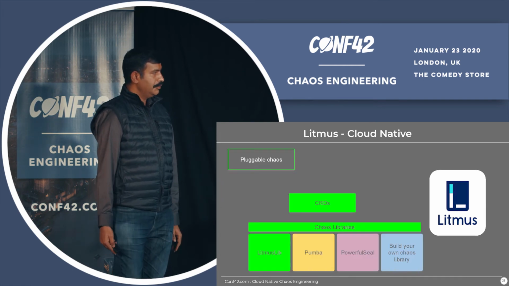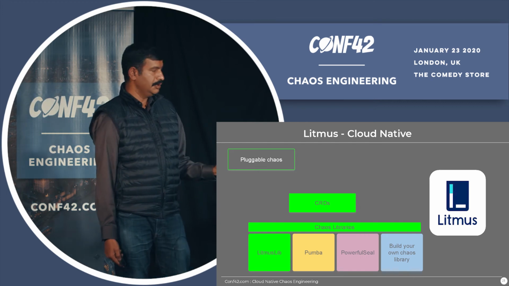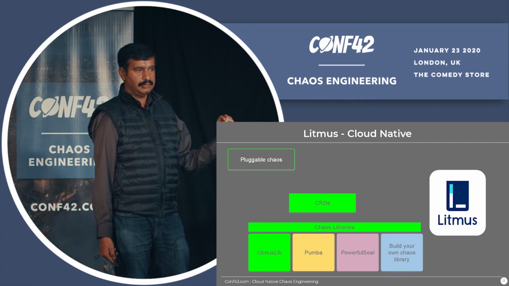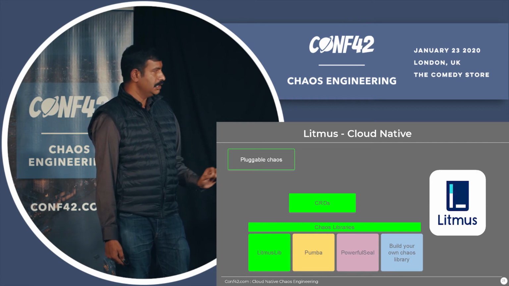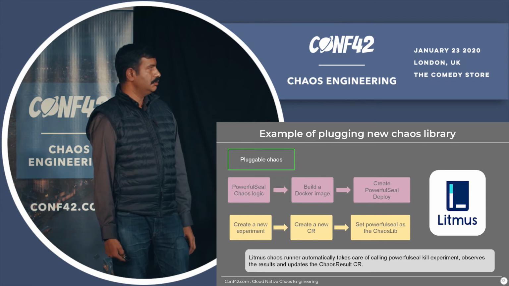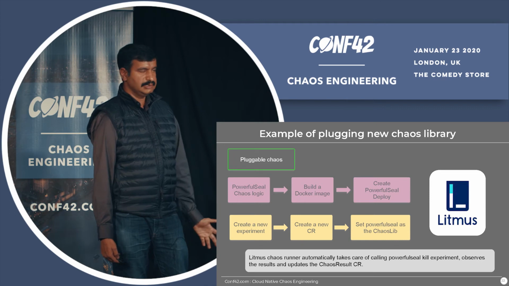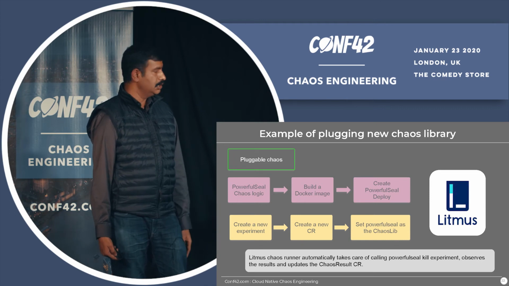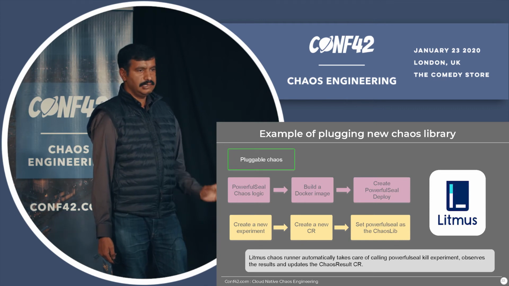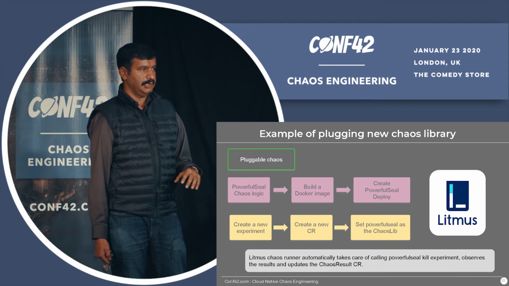And then for pluggable chaos, for example, Litmus already has Pumba and Powerful Seal as built-in libraries. You can actually pull in your own library. So how do you pull your library into this infrastructure? For example, here I'm explaining Powerful Seal, how the community did it. All you need to do is put whatever killing you do into a Docker image, right?